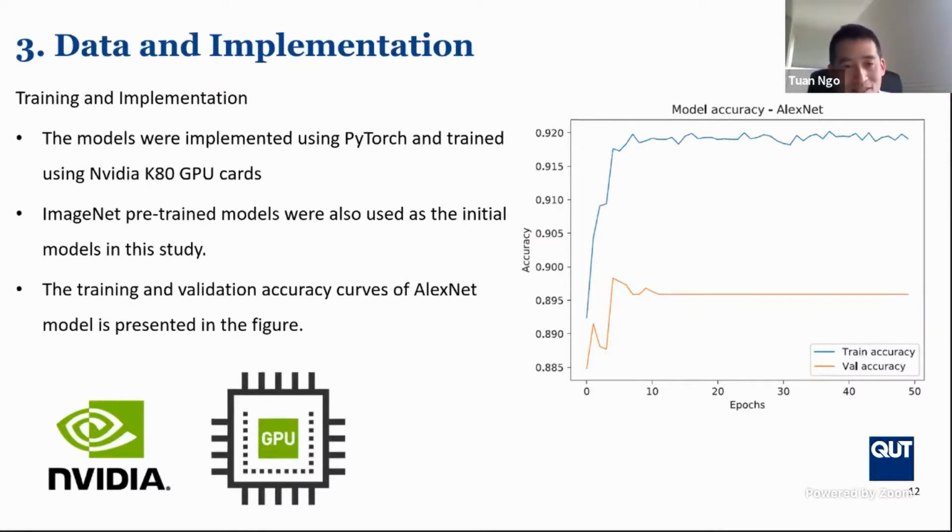Because of the advantage in processing time, I think it provides a really good platform to test those models. In this particular case, this is the comparison between the train accuracy and the validation accuracy. We can see that training improved the accuracy a lot.